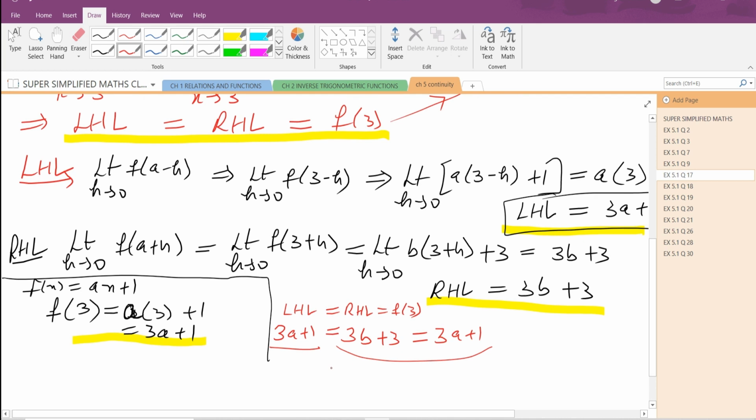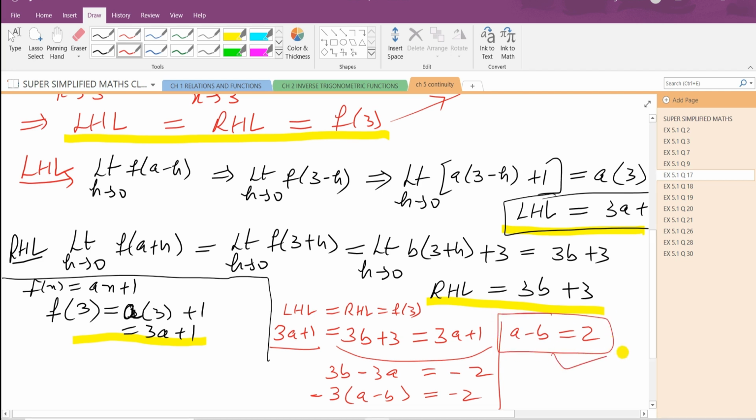So we get 3b minus 3a is equal to 1 minus 3, that is minus 2, or we can take 3 common and minus 3 common. So we get a minus b is equal to minus 2, and now it becomes a minus b is equal to 2. So this is the required relationship between a and b so that the given function is continuous.